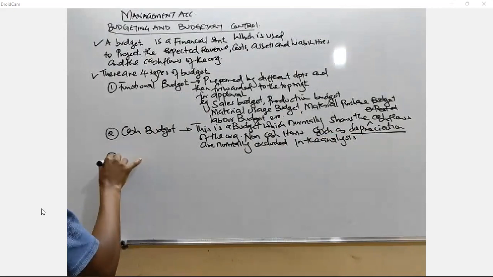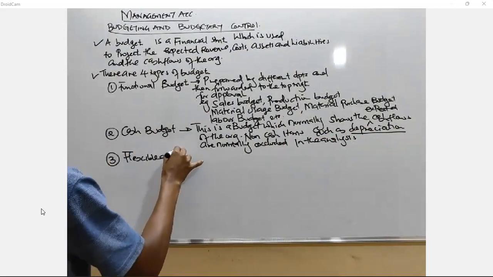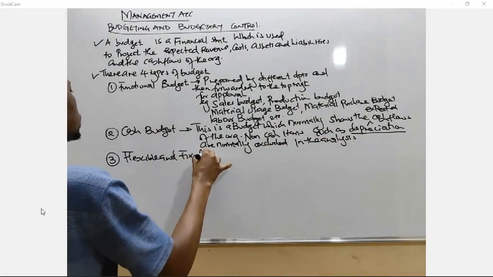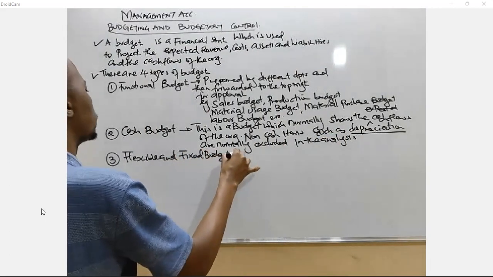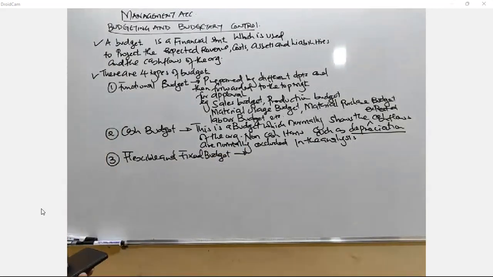Number three, we have flexible and fixed budgets. When you look at it, it seems to be two types of budgets, and they normally interlink. It is very important to understand the meaning of the fixed budget.